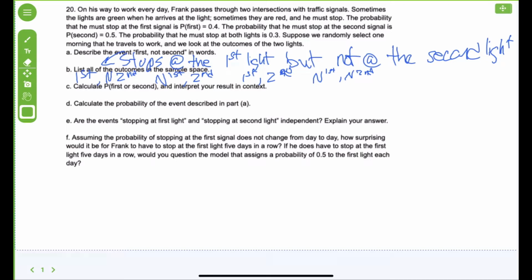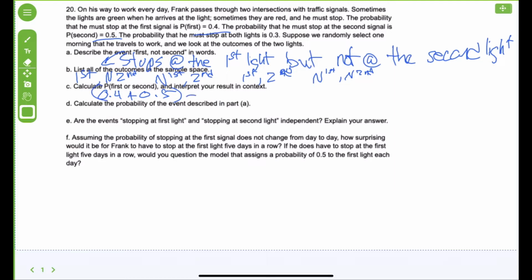Calculate P for the first or the second, and interpret your result in the context. Okay? So, the probability that they will stop at the first was 0.4, and the probability they'll stop at the second is 0.5. So we can add that together, 0.4 plus 0.5.